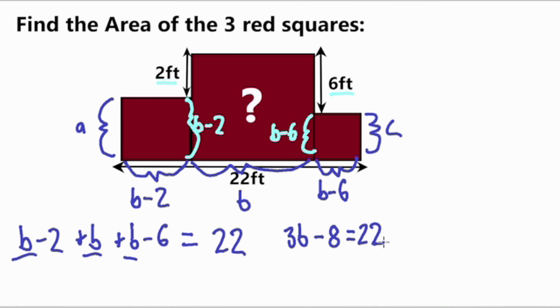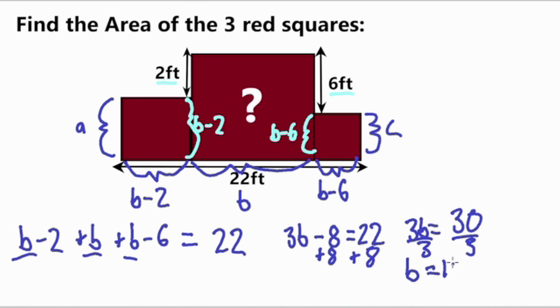And now we can add 8 to both sides. So we have 3B is equal to 22 plus 8, which is 30. And then divided by 3 to solve for B, we get that B is equal to 10.